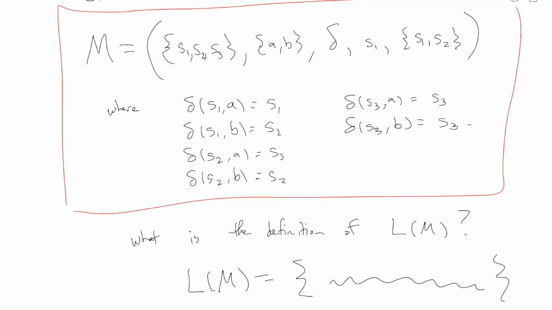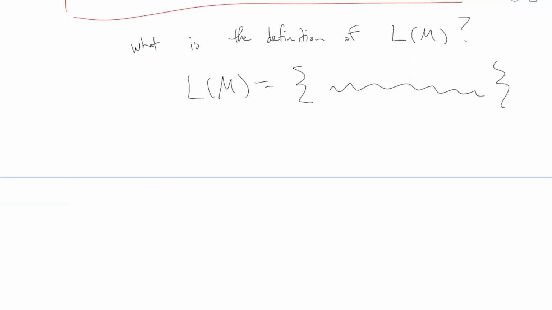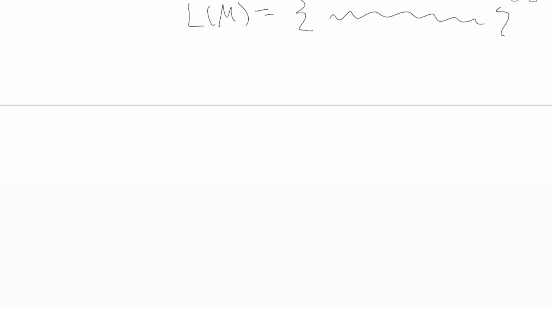Towards that end, there is a sort of convenient thing that we often talk about. We'll often use what's called the extended transition function.